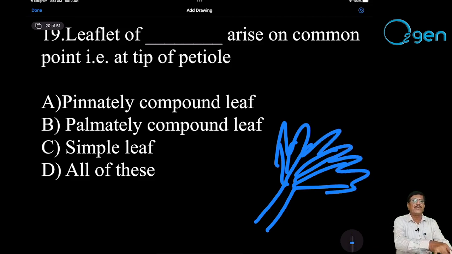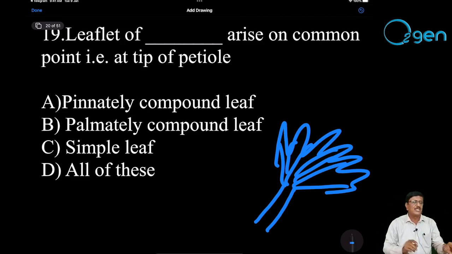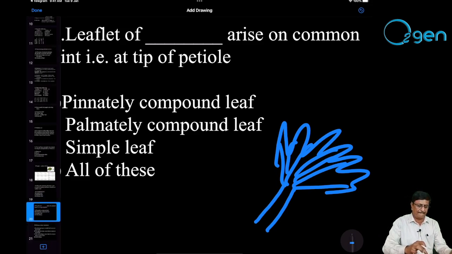This is a palmately compound leaf. Like this, palm is our palm, like these leaflets are developed. So it is a palmately compound leaf. Option B, palmately compound leaf, is correct.